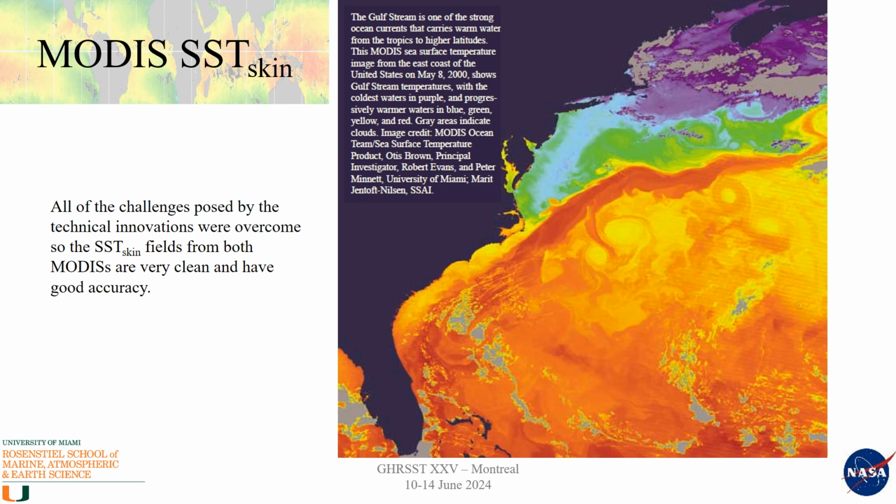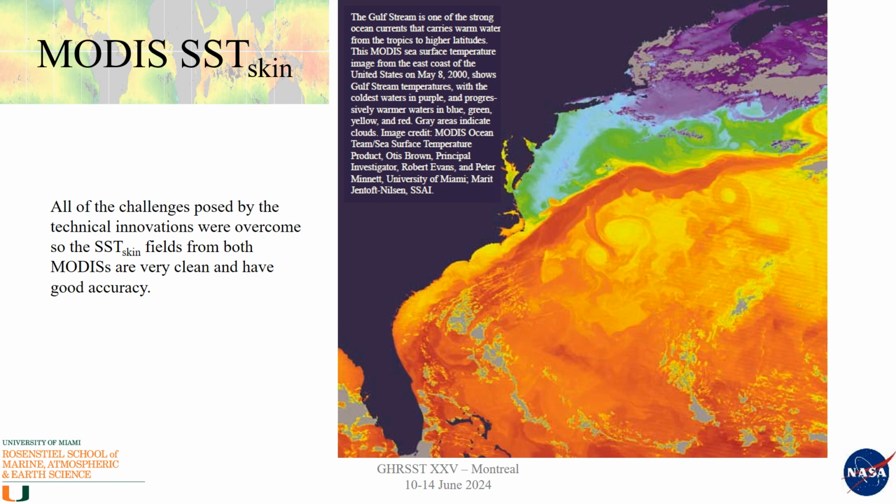The image here, taken from very early in the Terra mission, May 2000, is showing the Gulf Stream off the east coast of Florida and the cooler water coming down from the Labrador Sea. To the north, the darker grey is the presence of clouds.